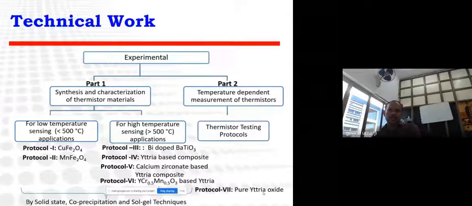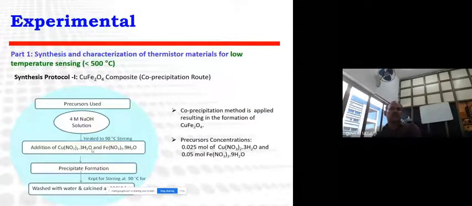And we also took pure yttrium oxide to see what the effect is. These syntheses took place by various techniques like solid state, co-precipitation, and Sol-Gel technique. In the case of copper ferrite, we use the co-precipitation technique, taking copper nitrate and ferric nitrate as precursors.